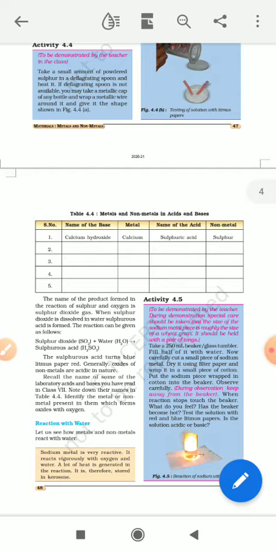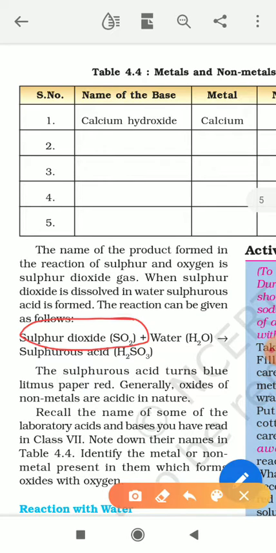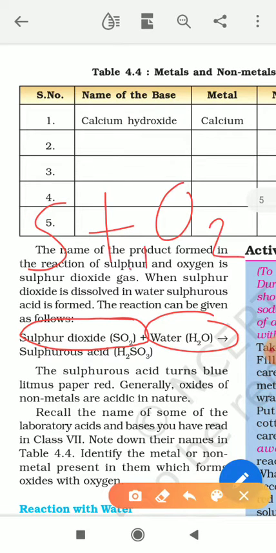But in the case of non-metals, like you can see here, sulfur dioxide reacts with water. How is sulfur dioxide formed? When sulfur reacts with oxygen, it produces sulfur dioxide. When sulfur dioxide reacts with water, it produces one kind of acid, sulfurous acid.